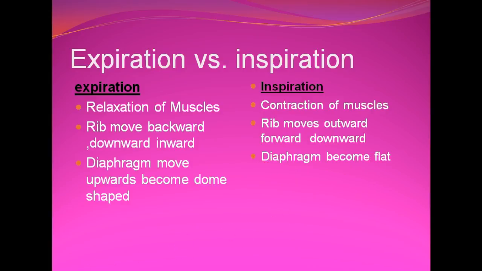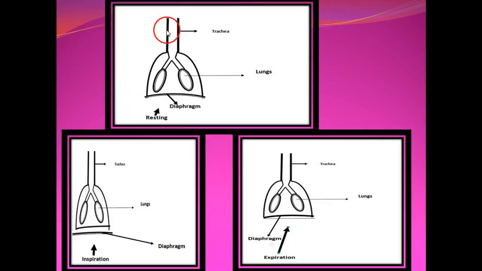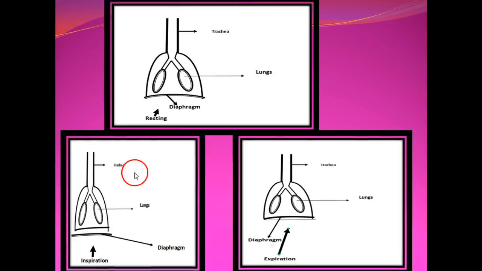See, this is the case while resting. This is the case of inspiration: the contraction of muscles and the diaphragm becomes flat. And expiration causes relaxation of muscles and upward movement of the diaphragm.